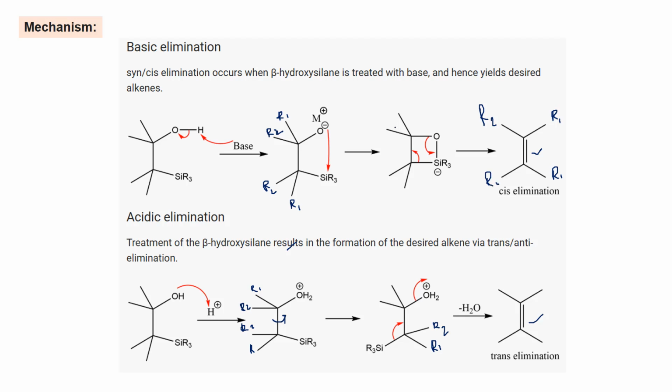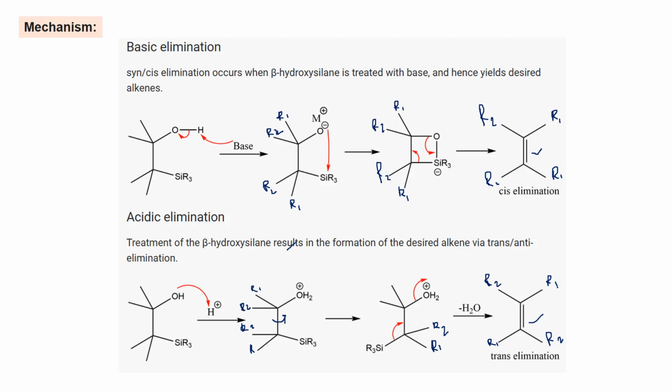See, in this case the stereochemistry from the transition state has been held because it is totally syn elimination. But here there will be a twist because of the carbon-carbon bond rotation. R1 comes here, okay. So just by seeing the stereochemistry of the product, or just by seeing the reaction condition, we can determine what will be the stereochemistry of the product.